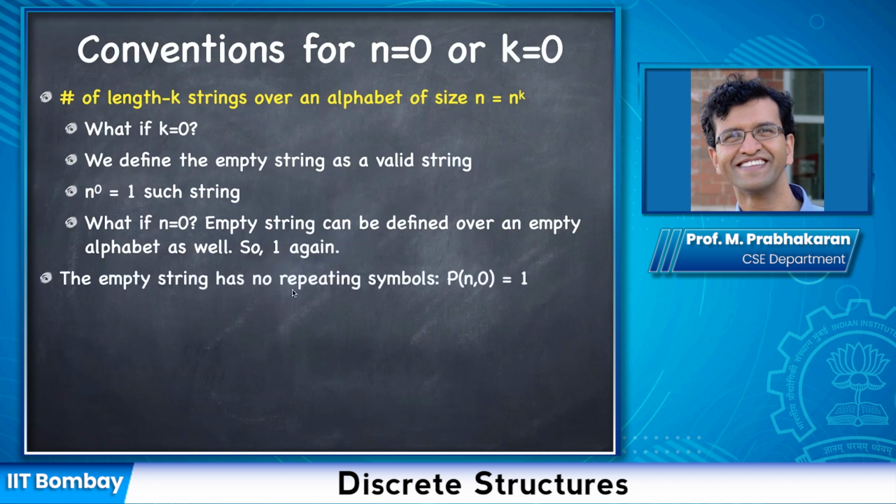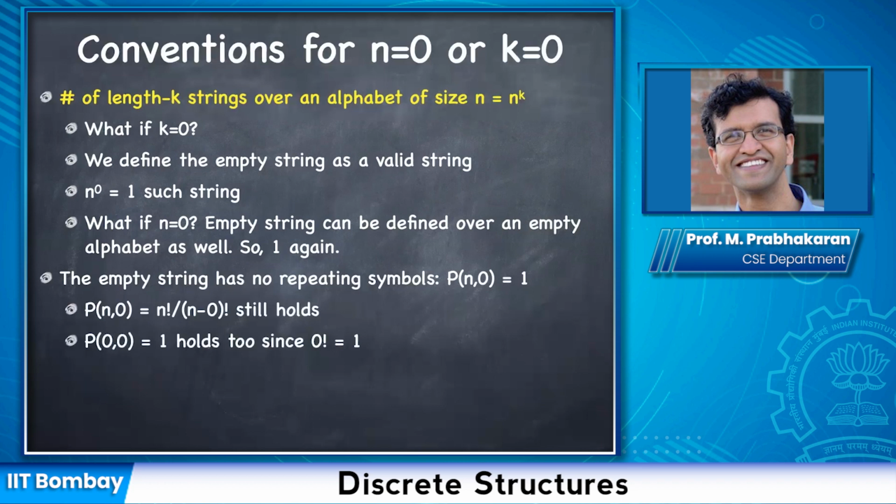The empty string is a valid permutation in the sense that there are no repeating symbols. So that justifies that P(n,0) we would take as 1, and that fits in with our formula for P(n,k). If you put k equal to 0, you get n factorial divided by n factorial, which is 1. So this convention fits in with this formula.